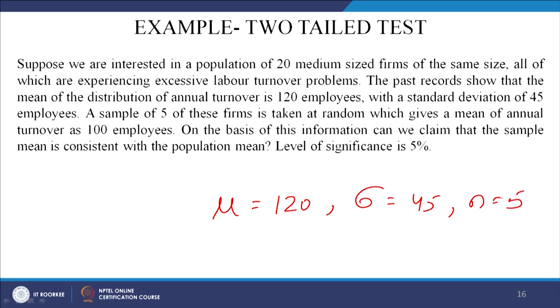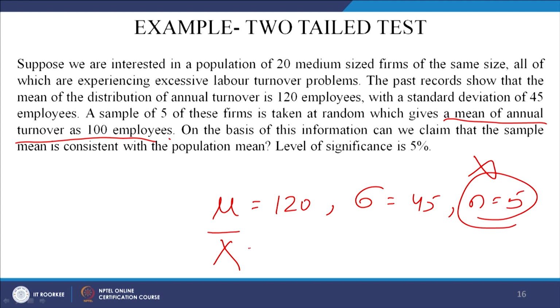A sample of these 5 firms, n is equal to 5 in this case, means the 5 firms we have taken, gives a mean of annual turnover of 100 employees. Now, what is this mean of? Out of these 5 firms, so, this is the sample mean, right.